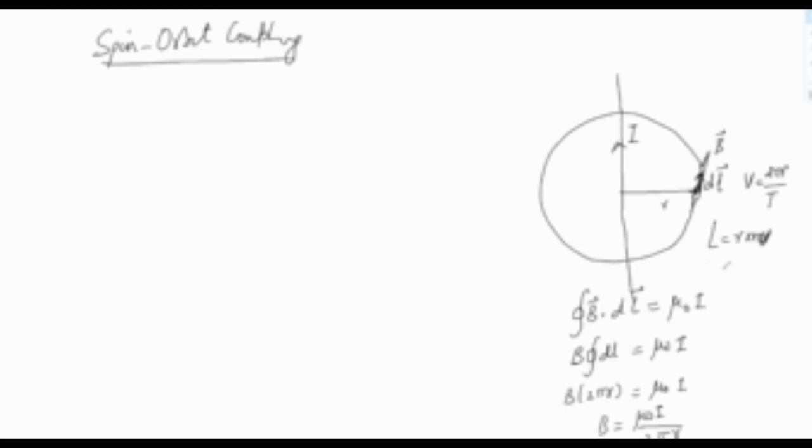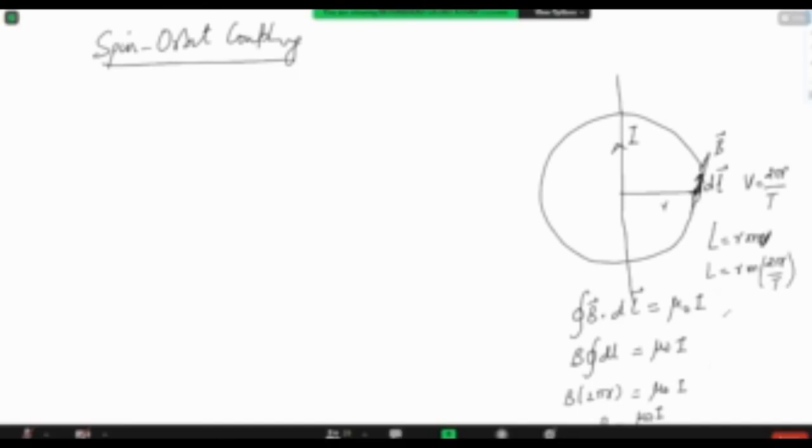Therefore L is r m 2 pi r by T, or T is equal to twice pi m r square by L. Therefore the time period you can write as twice pi m r square by L, and the magnetic field as mu naught I by twice pi r. This is from class 12.